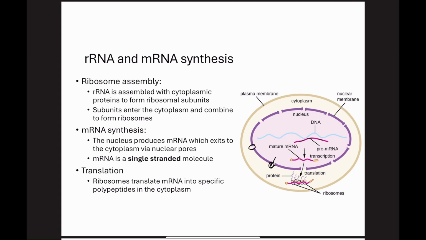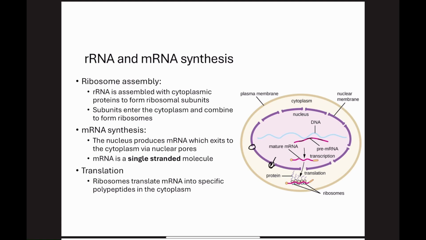Our mRNA is going to thread itself through the ribosome, and that ribosome is going to read the instructions found within the mRNA. Then the ribosome is going to assemble polypeptides, which is just forming proteins based on the mRNA sequence. And if we remember, polypeptide chains are the first level of protein structure.